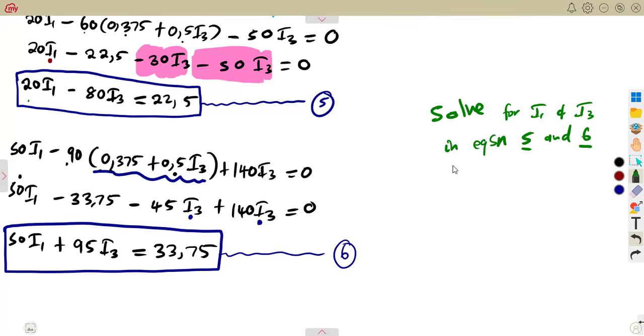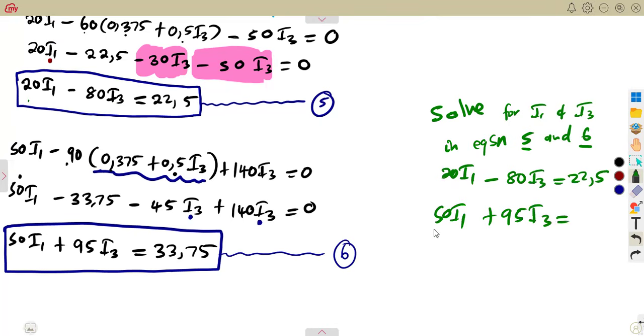In equation 5 and 6, we had 20 I1 minus 80 I3, which is equal to 22.5. Then this was 50 I1 plus 95 I3, which is equal to 33.75.